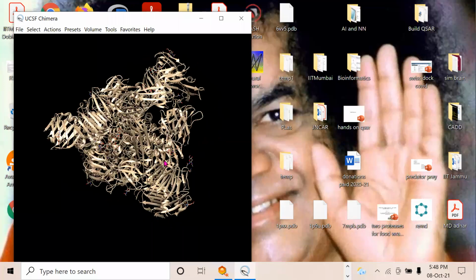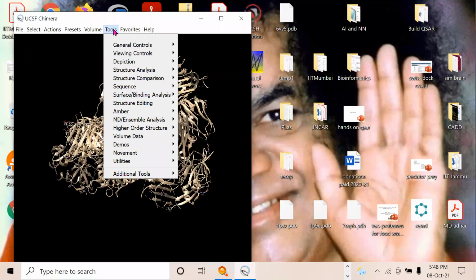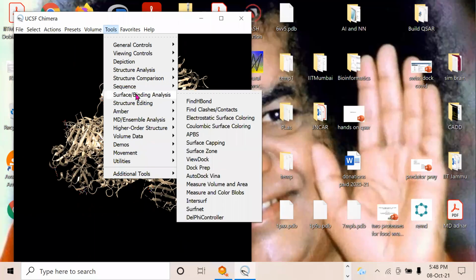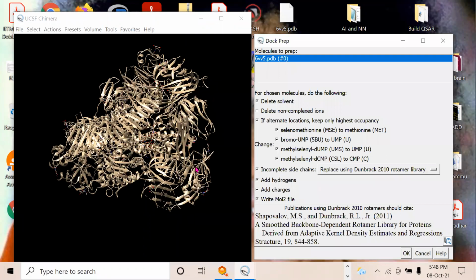You can download it and start learning each of these commands. When I do this, it does a lot of things to the protein. Then you can save it, make it smaller.